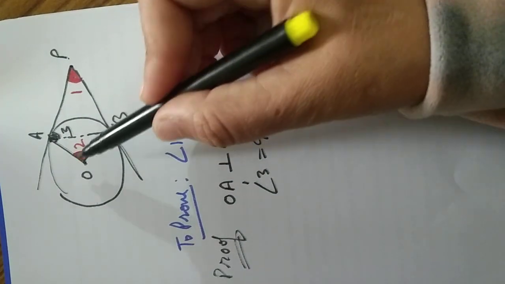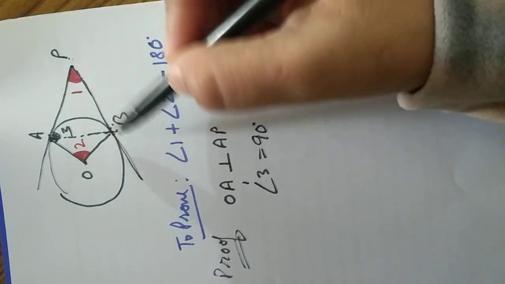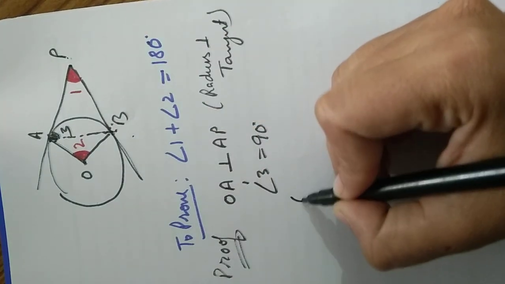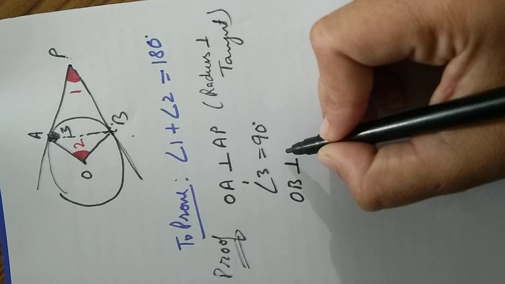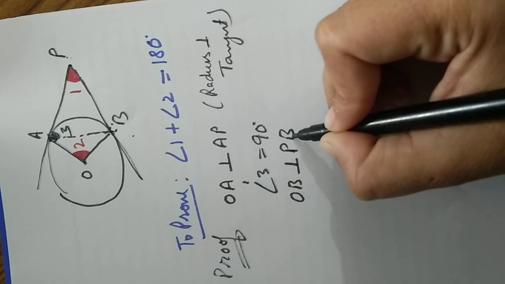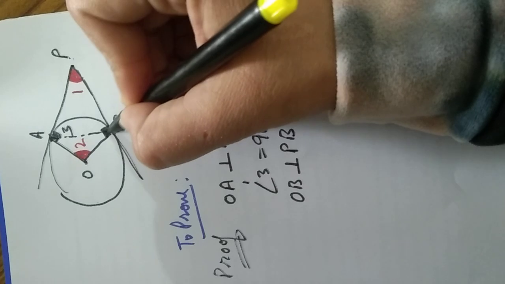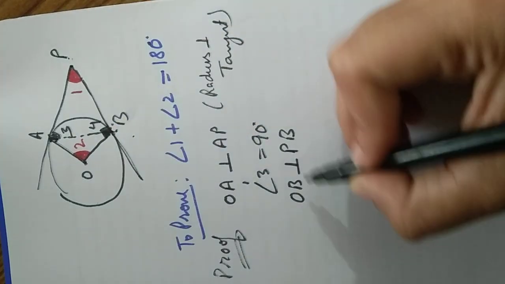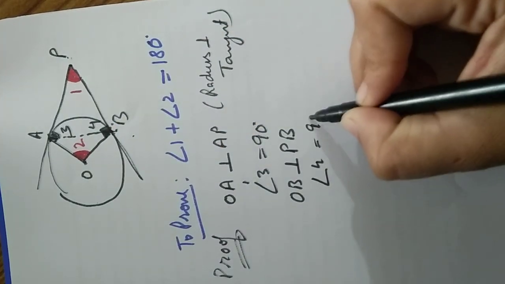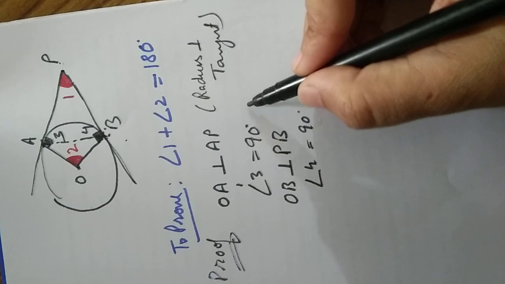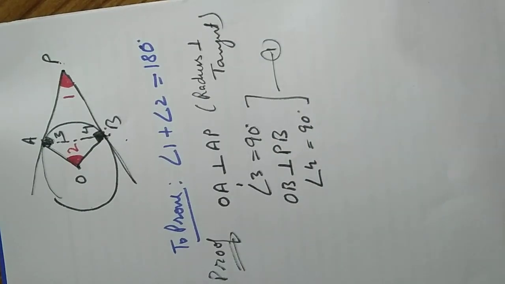Now OB is another radius and PB is another tangent, so OB is perpendicular to PB. This angle is again 90 degrees. Let us mark it as angle 4, so angle 4 is equal to 90. Let us mark these as equation number 1.